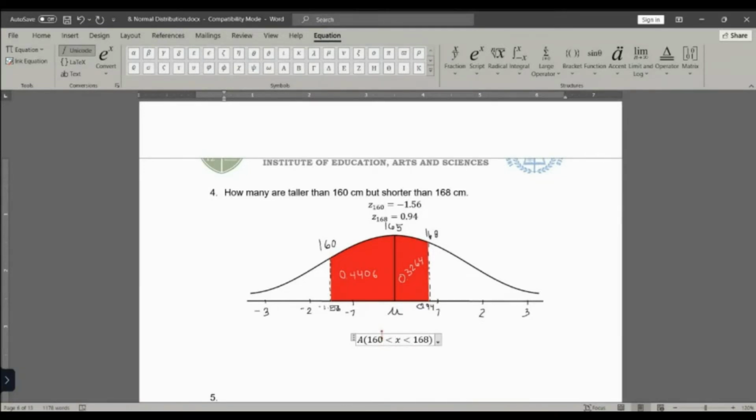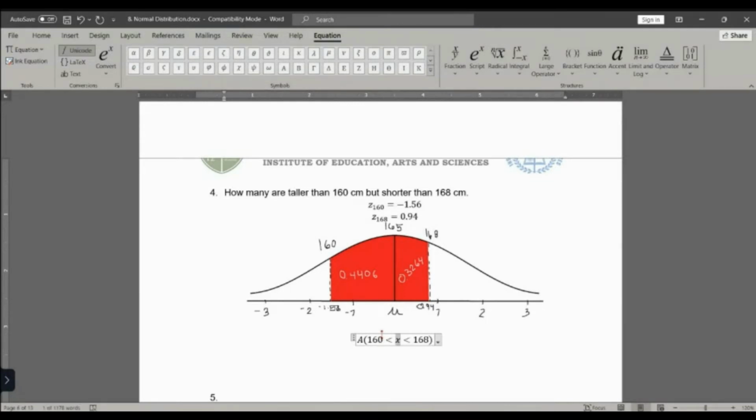Kung saan nakaturo, siya yung mas maliit na value.